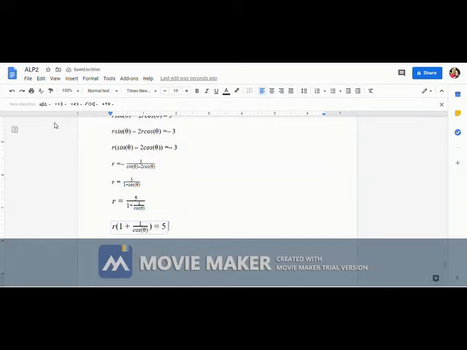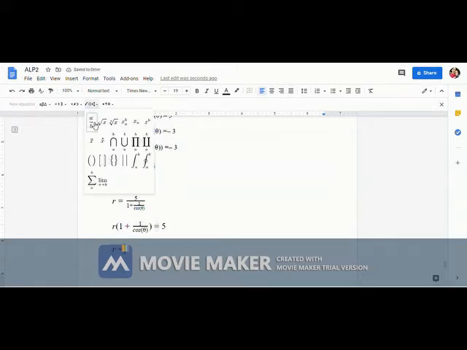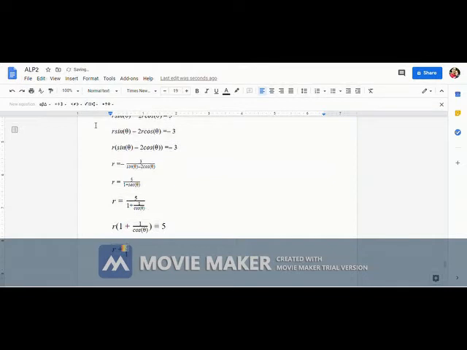Then I'm going to distribute that r into that parentheses. So we get r plus r over cosine theta equals 5 still.